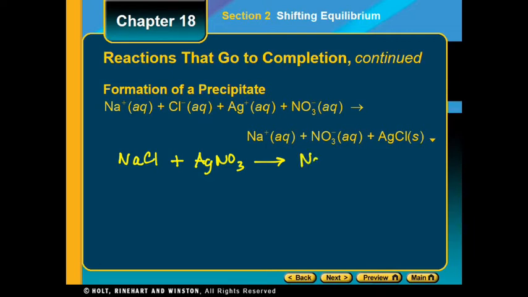It would have broken down into sodium nitrate, which is still aqueous, but in this double replacement reaction, the silver chloride that was produced is in the solid phase. That was the precipitate that happened. So when I look at this overall ionic equation, again, sodiums cancel, the nitrates cancel, and you've got your silver chloride, which is a precipitate. The following needs to be pointed out.